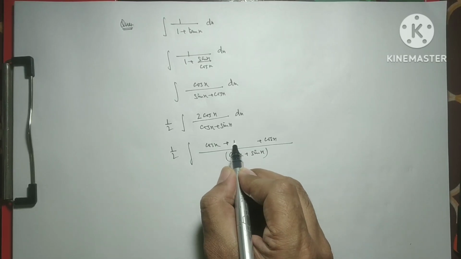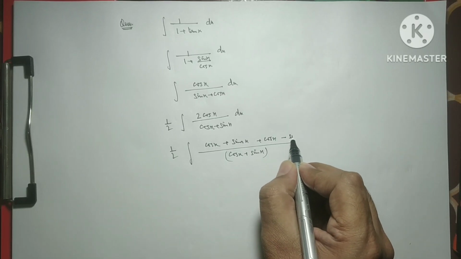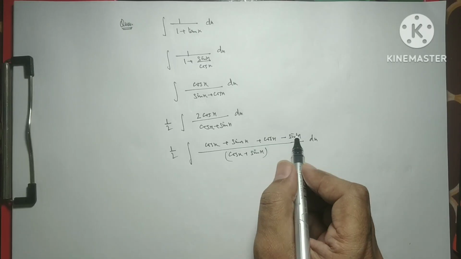We place sin x with a positive sign and subtract sin x also, so it is neutral, no effect.